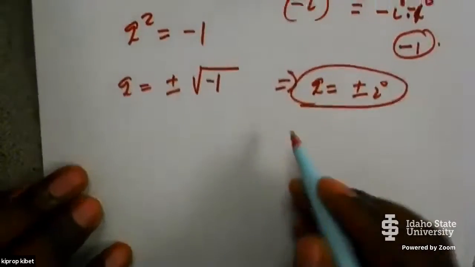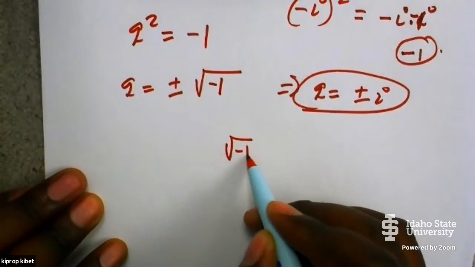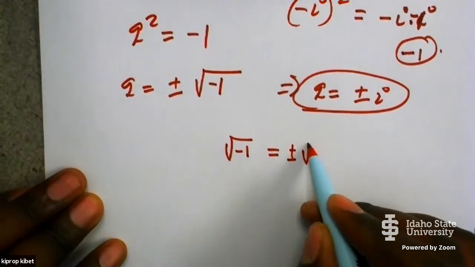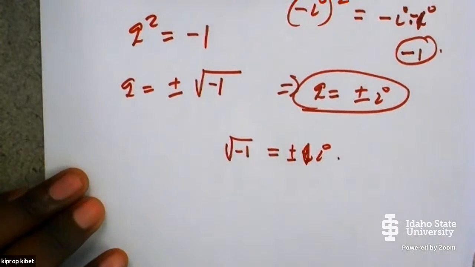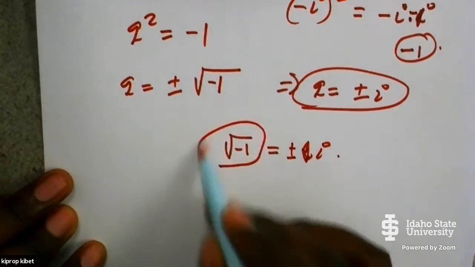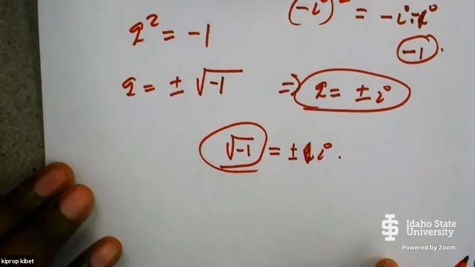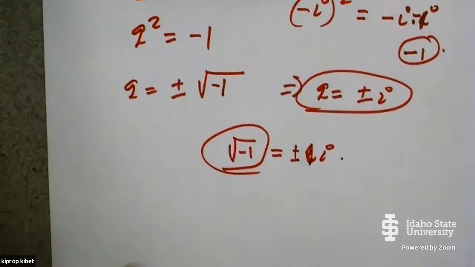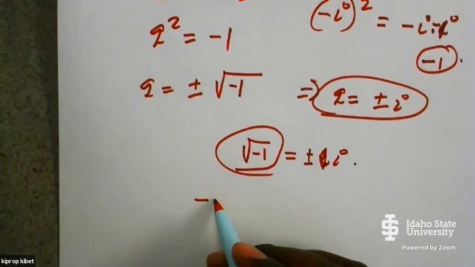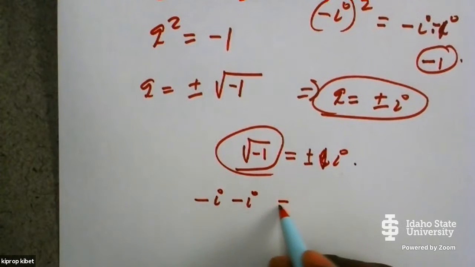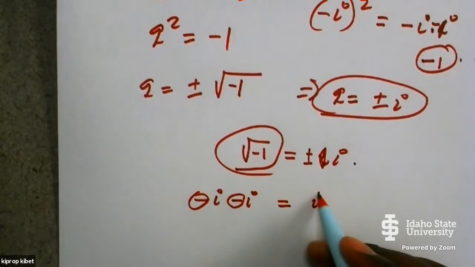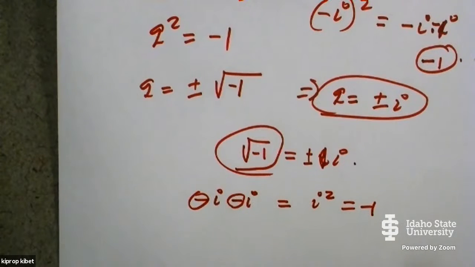So look, the square root of negative 1 is the same as plus or minus i. Okay? Because using the square root property, negative i times negative i is similar to i times i, which is i squared, which is equal to negative 1.